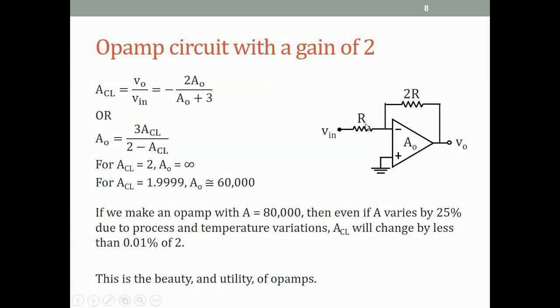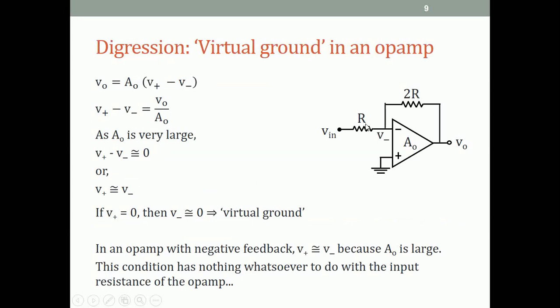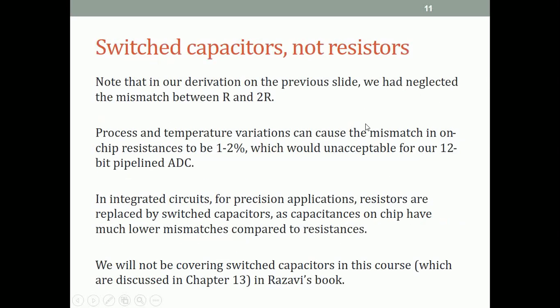Due to process variations, this ratio can vary by 1 to 2%. That is not good enough for us. We want 0.01%.